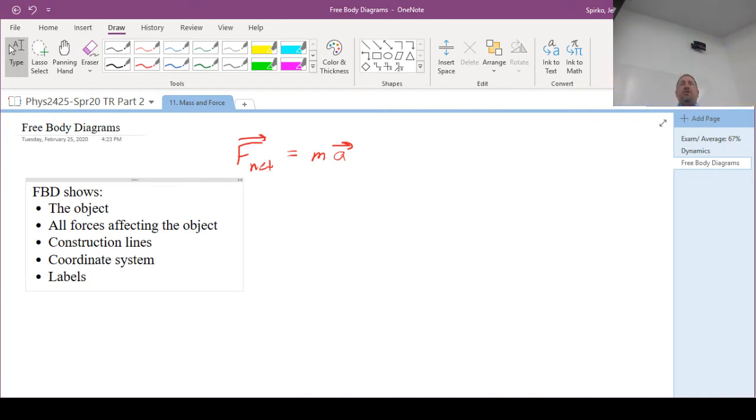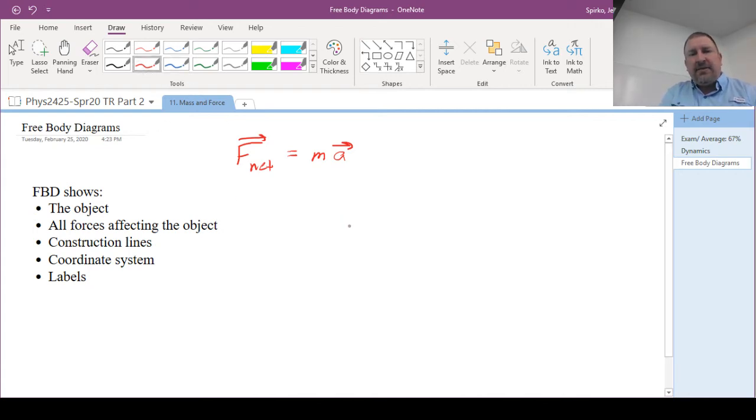And then, of course, we have to have labels. Otherwise, what's the point of making a diagram? Because the purpose of the diagram is to tie the reality of the situation into an equation that contains lots of variables. And the diagram is what gives us the ability to mentally connect the pictures with the symbols.